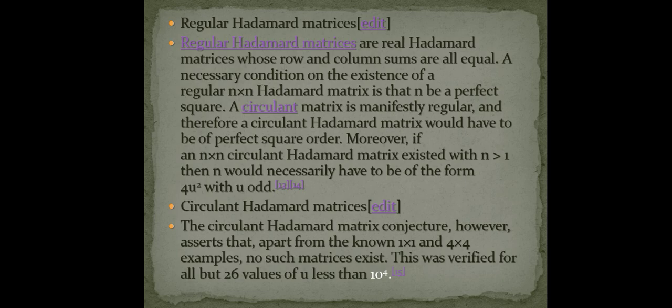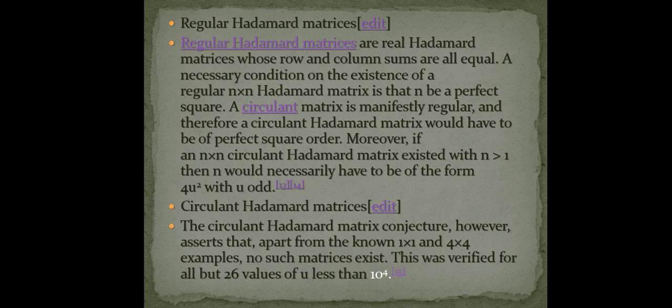Moreover, if an n by n circulant Hadamard matrix existed with n greater than 1, then n would necessarily have to be of the form 4u squared with u odd.